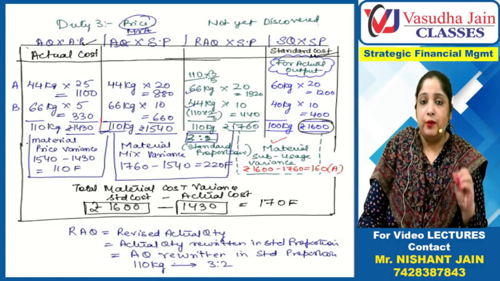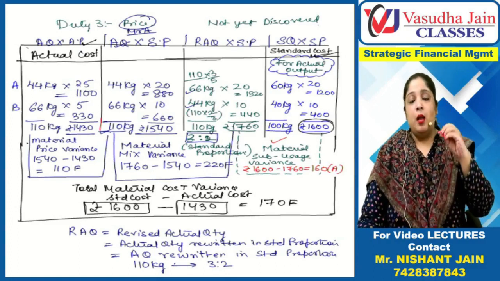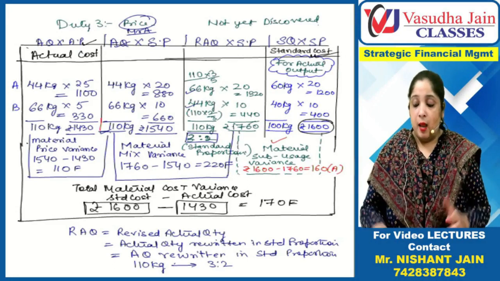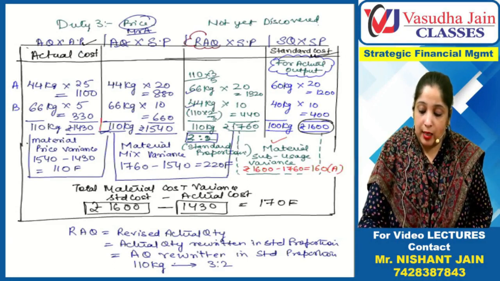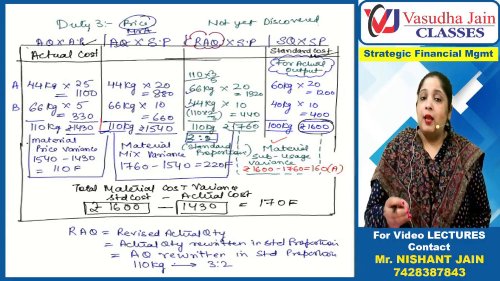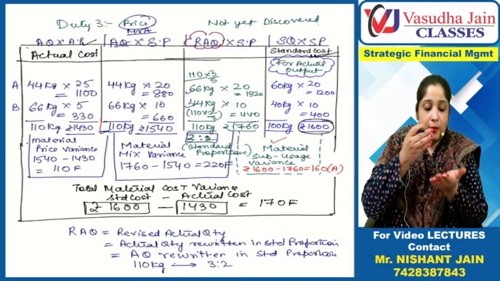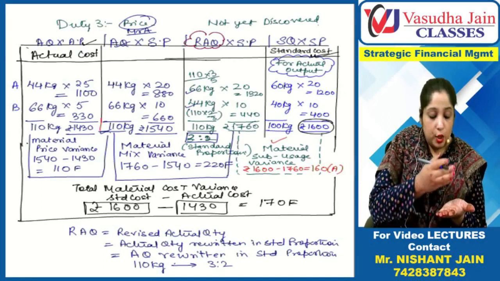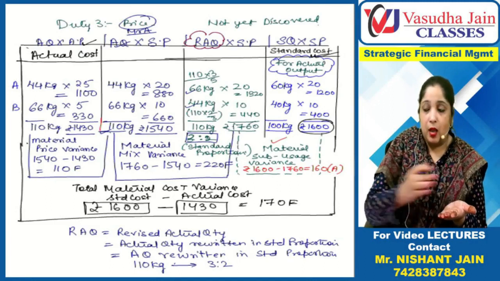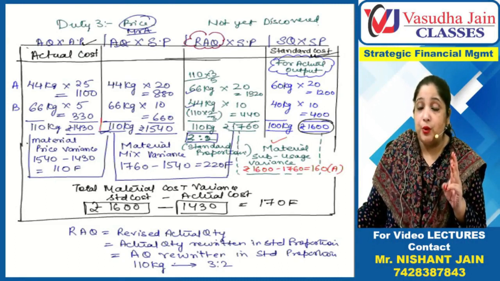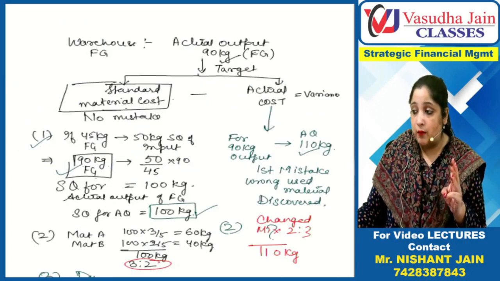There are two to three points which create confusion in the minds of students, first of all, this concept RAQ. Please understand, I am trying to compute the impact of each mistake. When I acknowledge the first mistake, you have to remember what three duties I give to my workers.